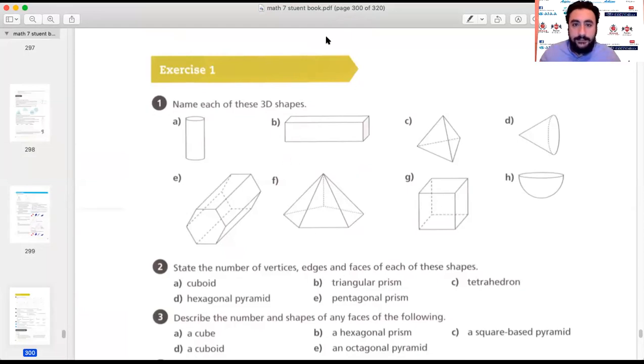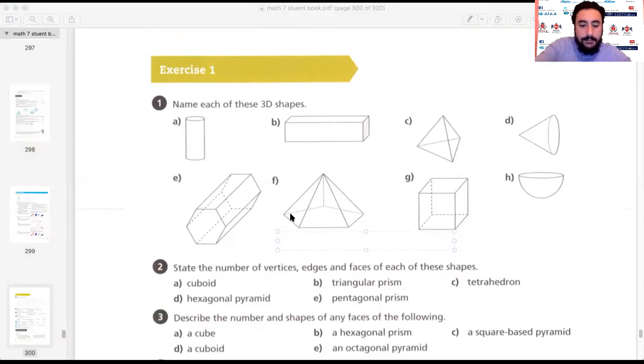Okay, so this one I'm going to write here. This is a pentagonal pyramid. That's it.